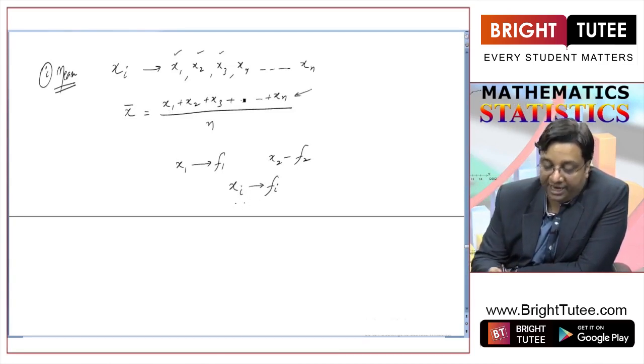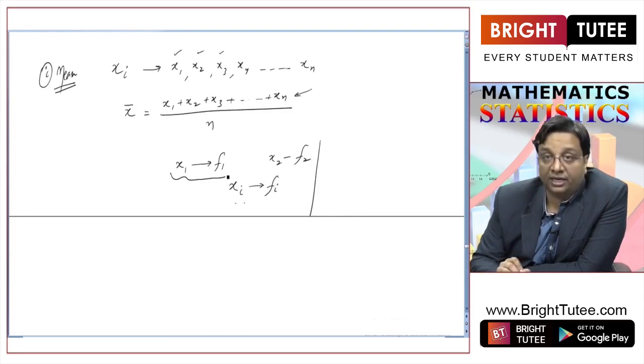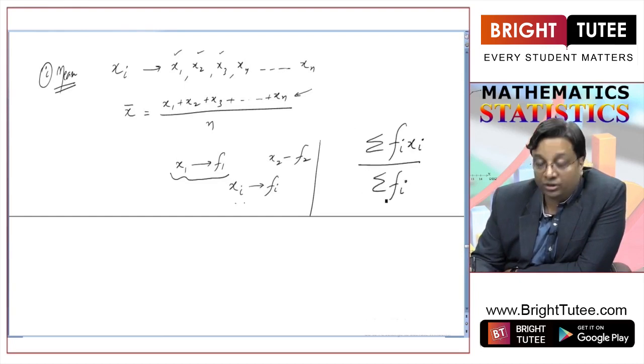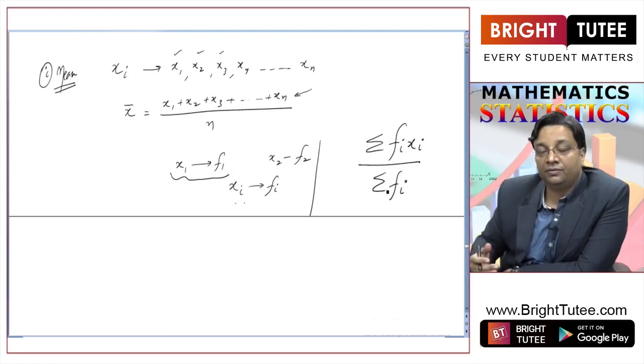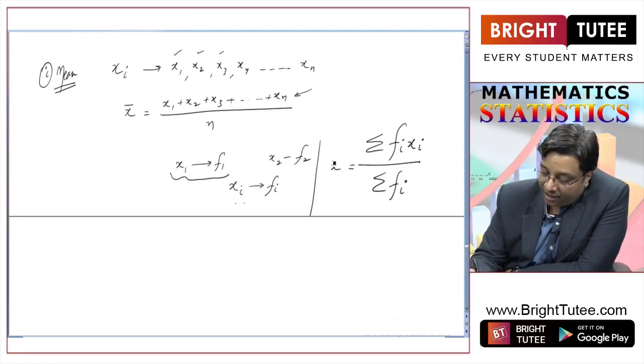One way was to add these numbers directly. The second way was to find their product fi into xi and add these and then divide it by sigma of fi. Total of the frequencies will give you number of observations. So this will give you x bar.